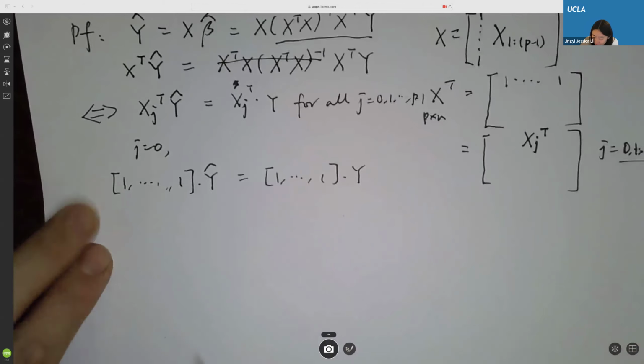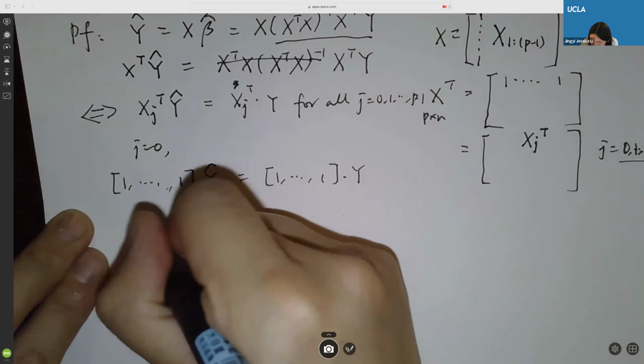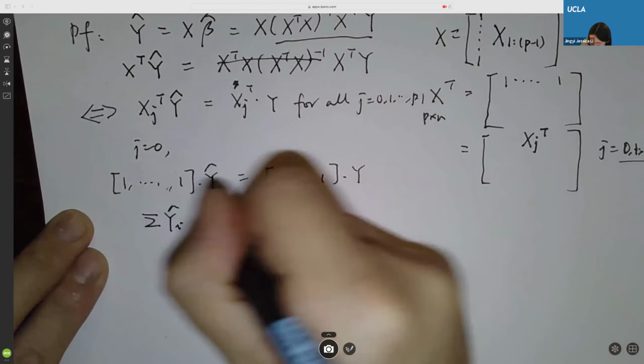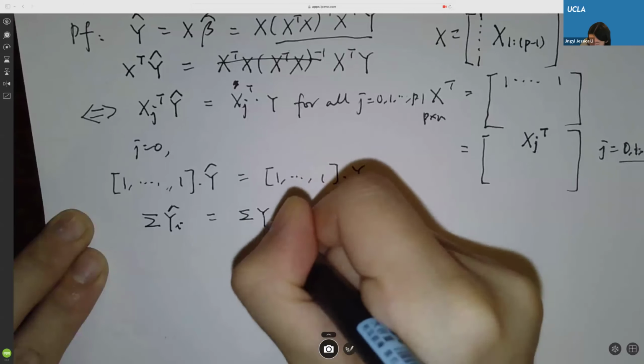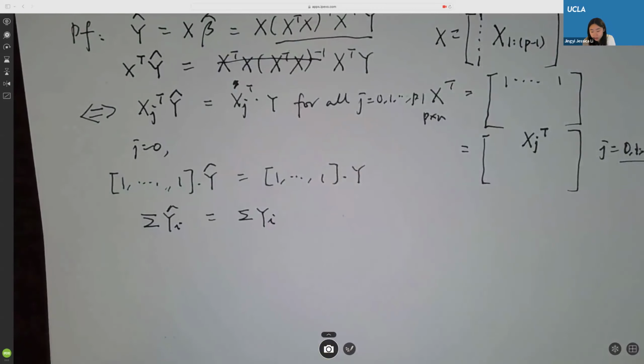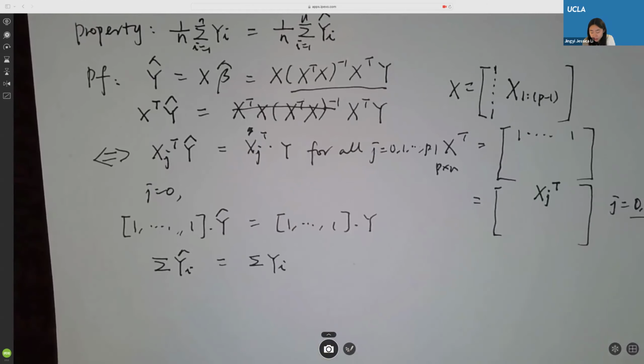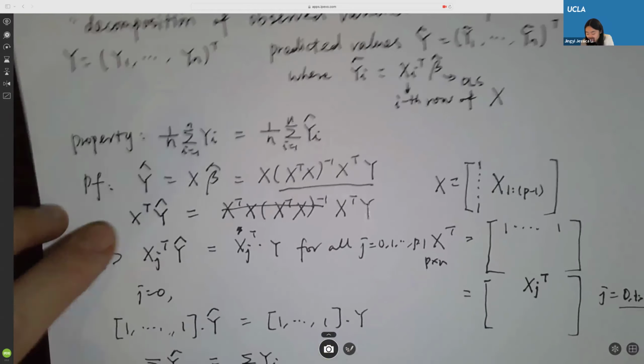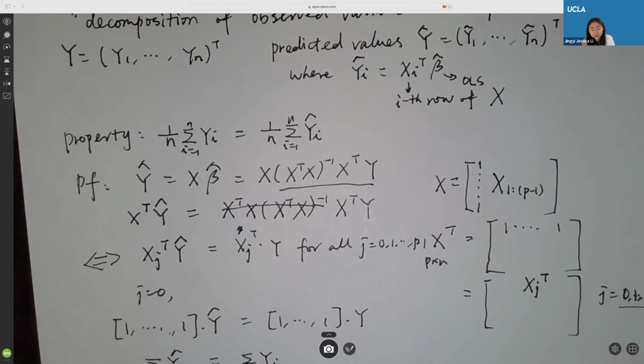And what this tells me is exactly summation of yi hat equals summation of yi. So this is a direct result based on this OLS definition.